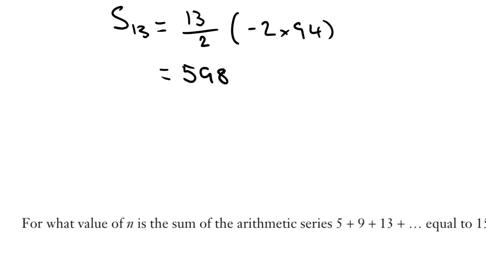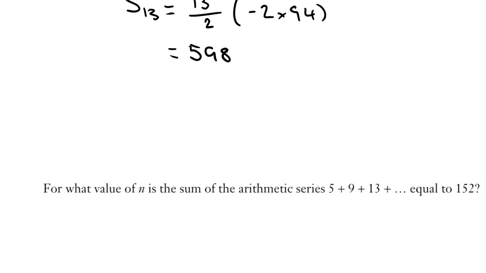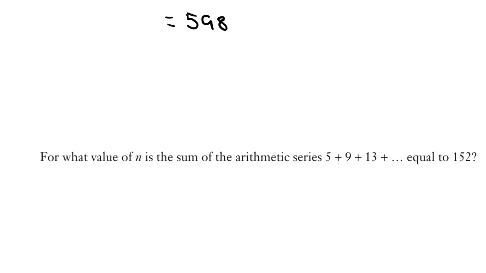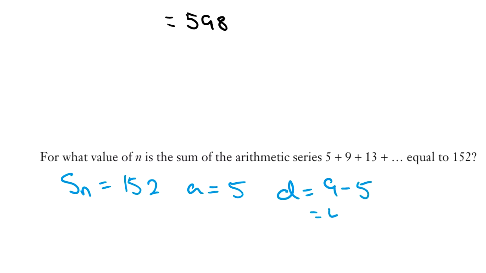Alright, here we have a word question. For what value of n is the sum of the arithmetic series 5 plus 9 plus 13 and so on, equal to 152? Alright, so I'm going to start this one a little bit different, and I'm going to write down what we know first. So we know Sn is 152, we know a is 5, we can find the difference by going 9 take away 5 is 4.